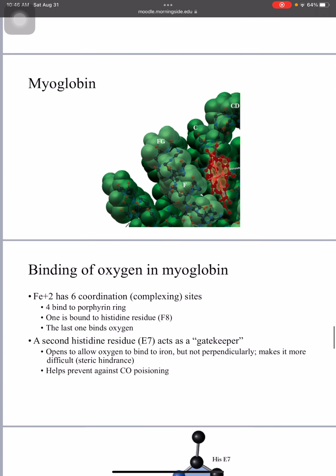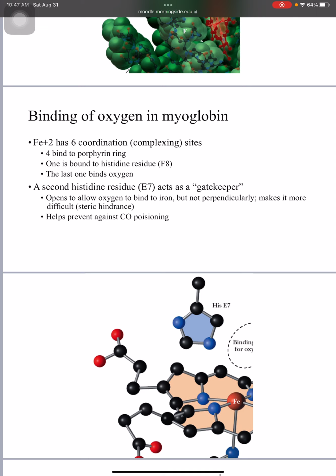Its last binding site is the one that allows it to bind to oxygen. So the deal is that you have this myoglobin with the heme group. Oxygen can come in and attach itself to iron, and that's where it can be kept for storage. Okay, very good.